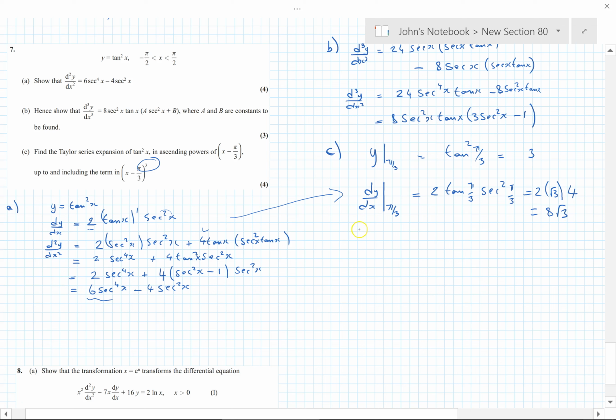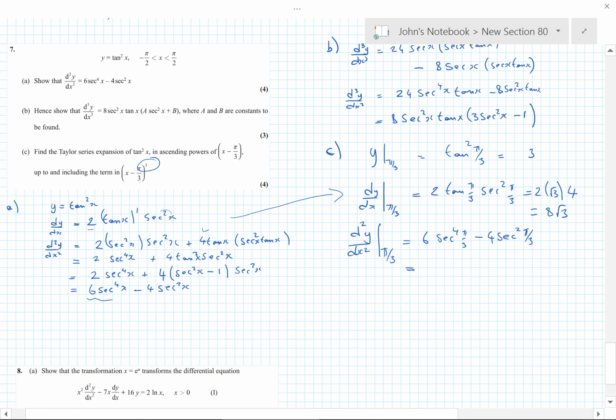Okay, now d2y by dx squared at pi by 3 is equal to, we've got the expression for it, so it's 6 sec to the power 4 pi by 3 minus 4 sec squared pi by 3.